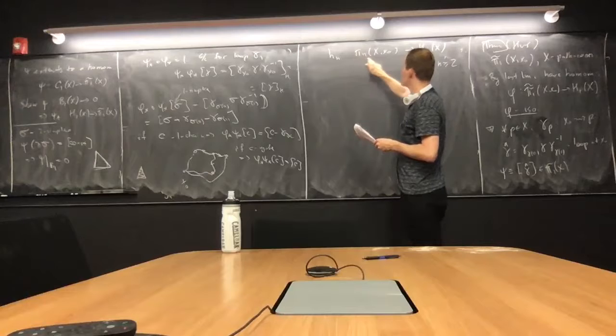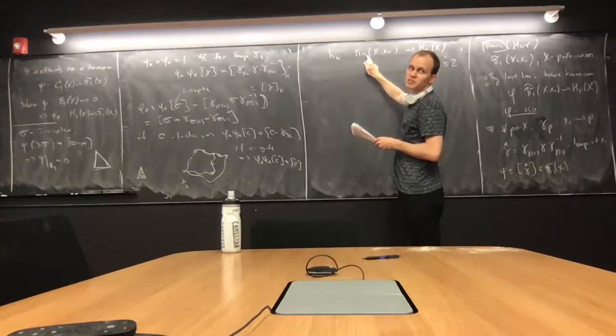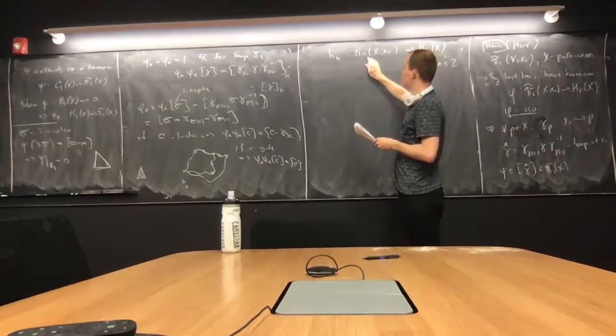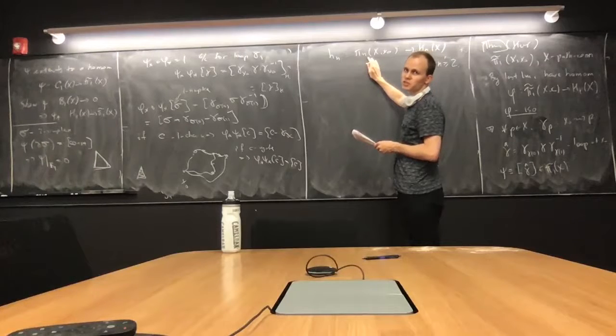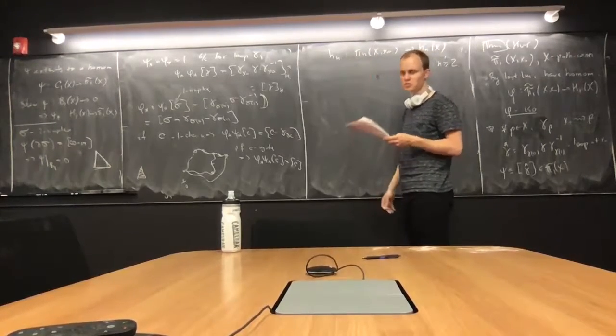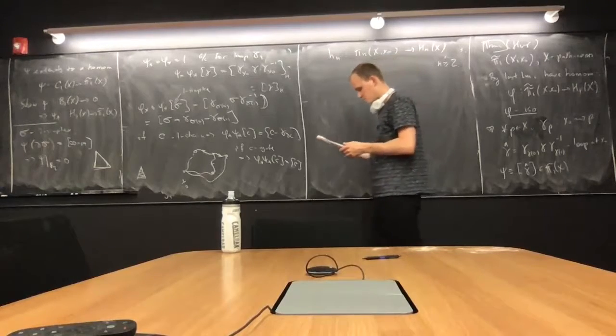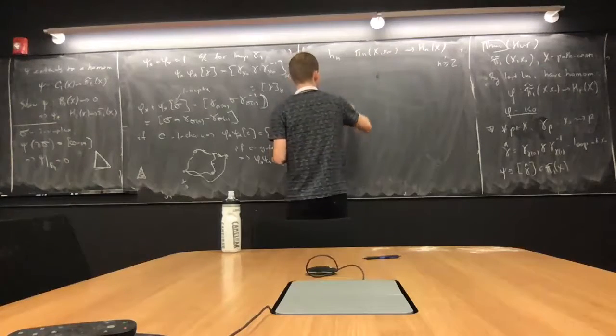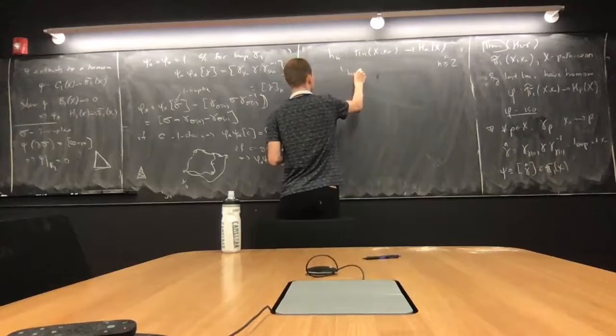And then homotopic maps of spheres into X are also homologous, right? The images are going to be homologous, because the homotopy sweeps out the space whose boundary is what you need to prove that they're homologous. Okay. So yeah, you can check that this is a homomorphism.